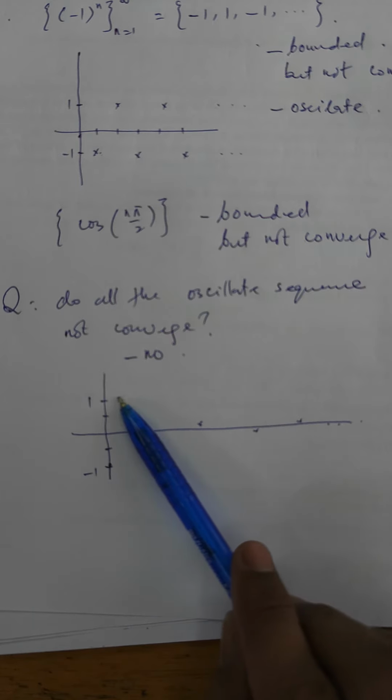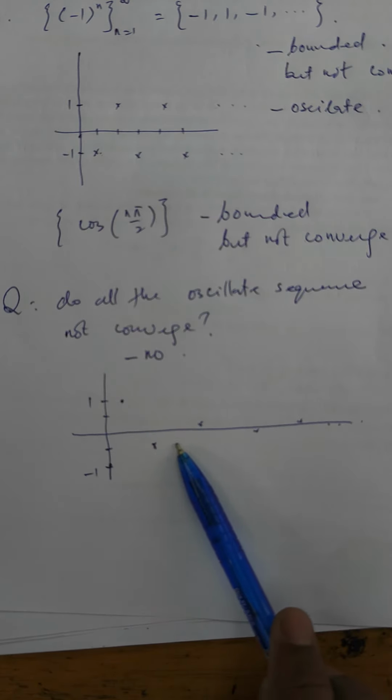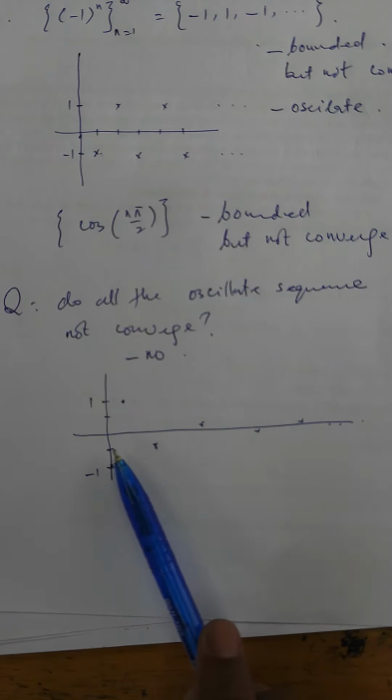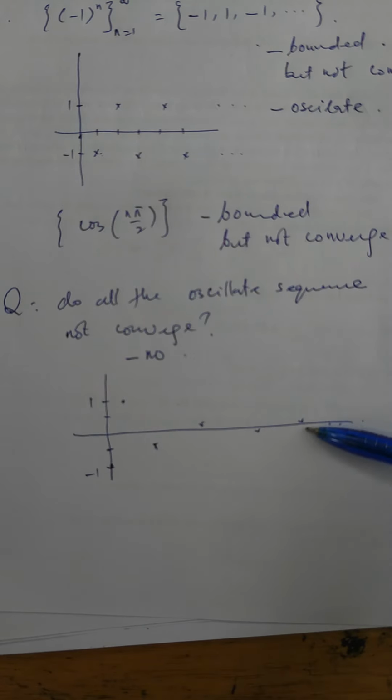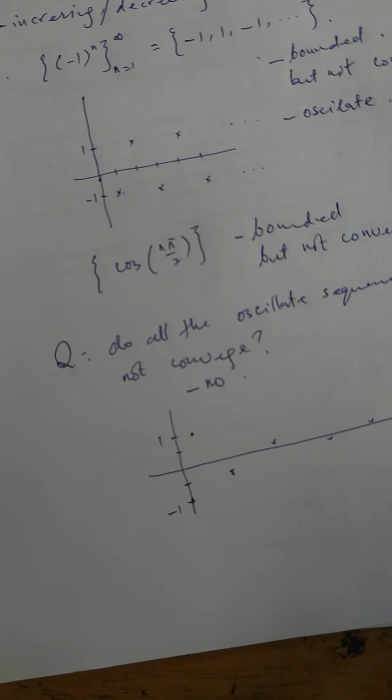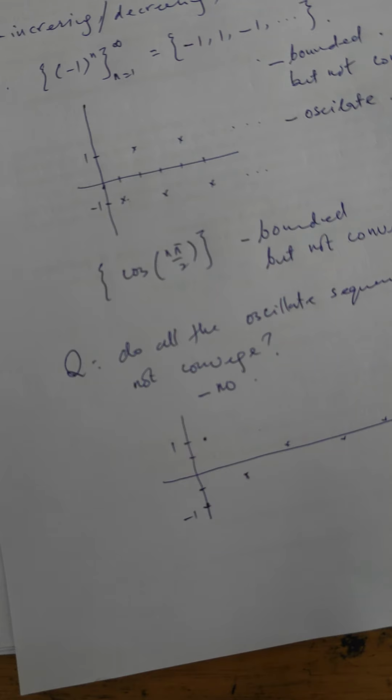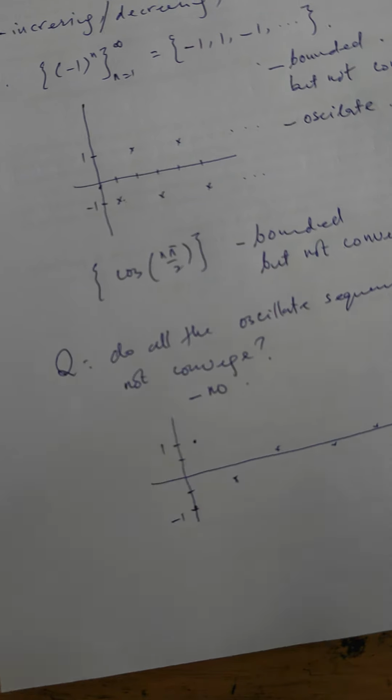So it oscillates, positive, negative, positive, negative, but it's getting smaller and smaller, and later on approaches its limit 0.